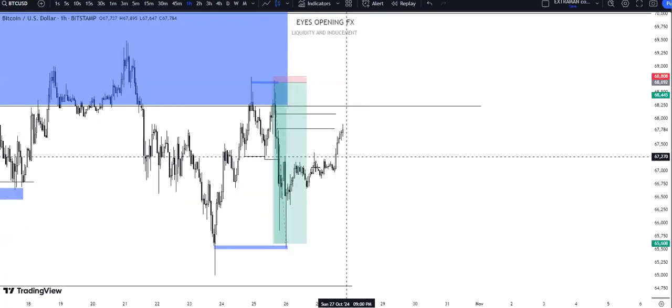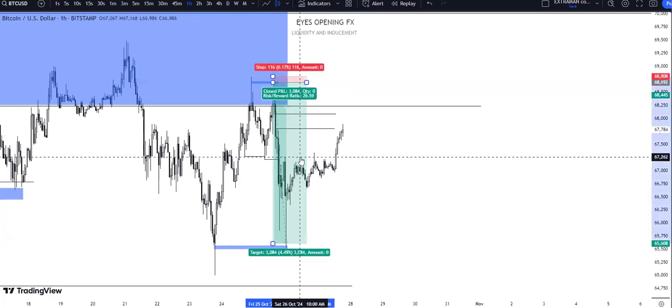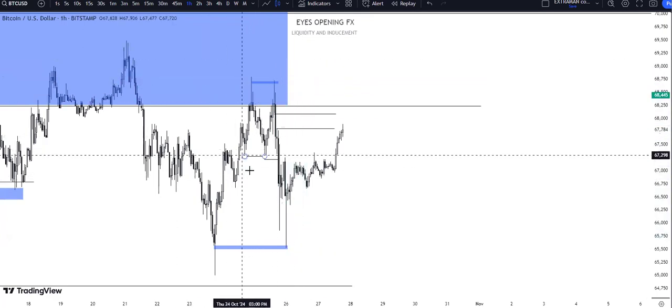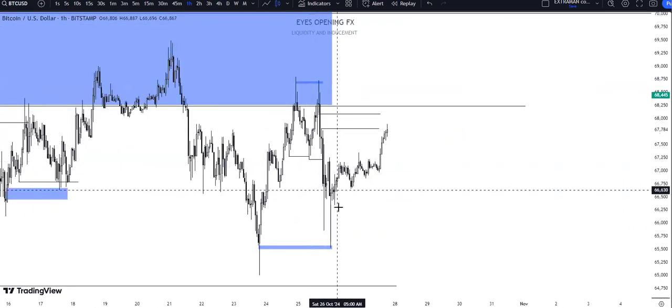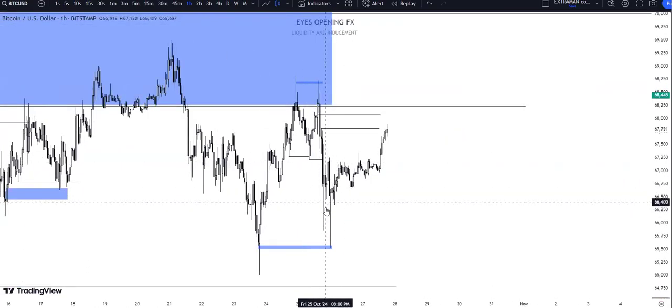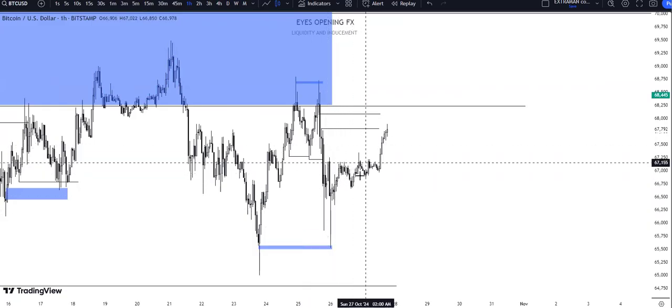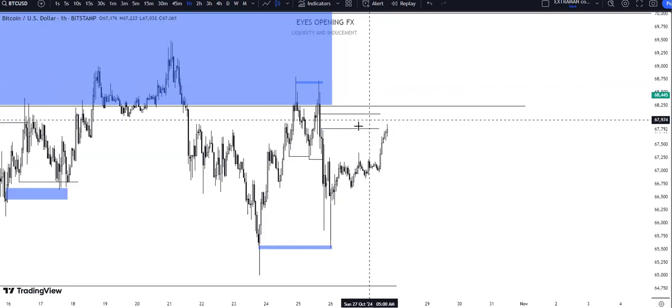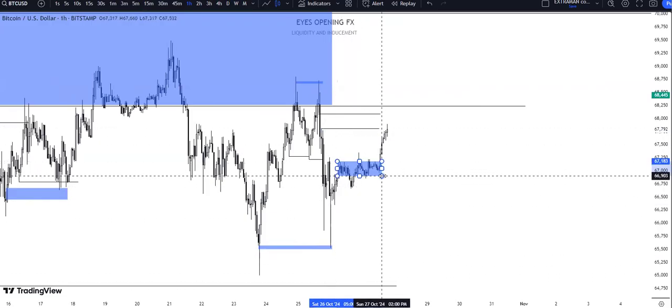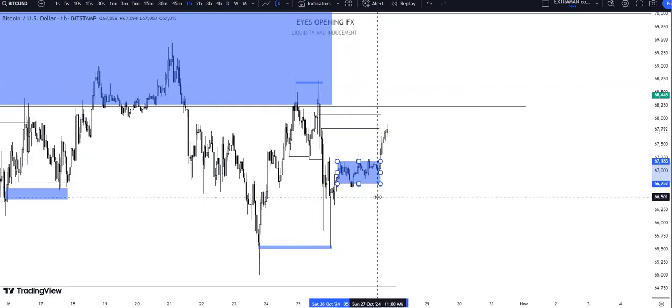Okay, on BTC, after a short-term sell the market offered right here, just like I explained, we see some higher prices, at least some up movement right here. And market is within this range. We have a little consolidation right here.